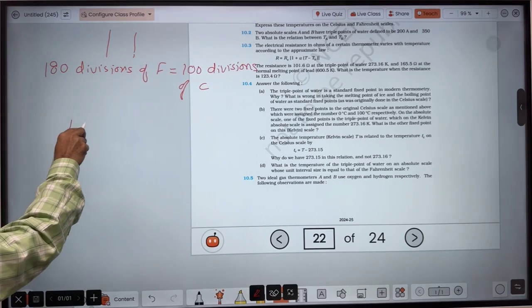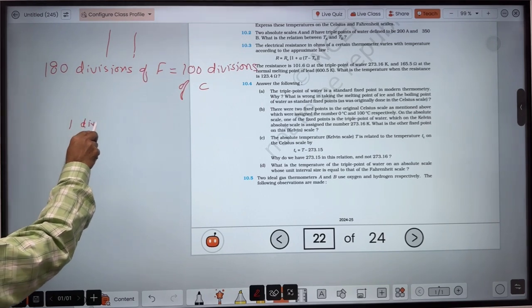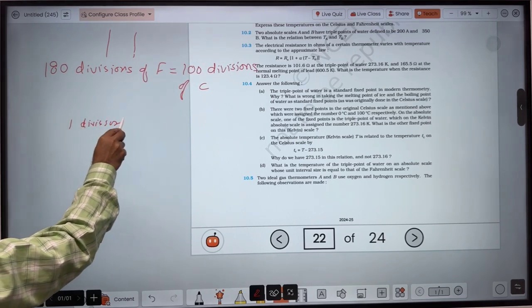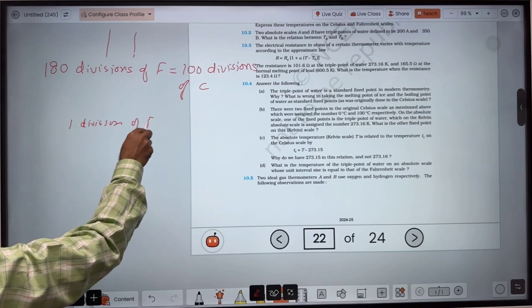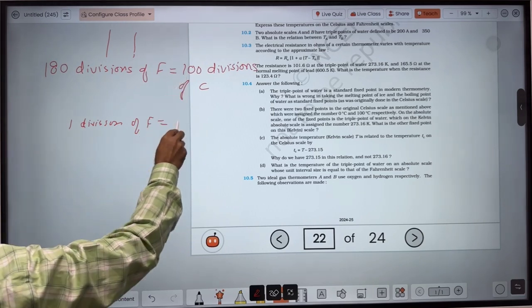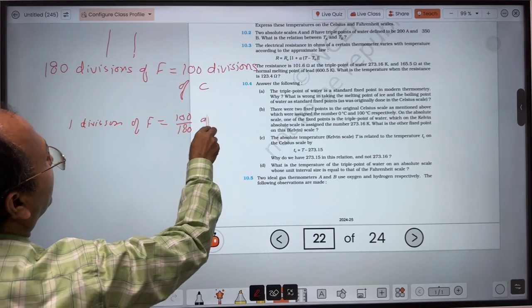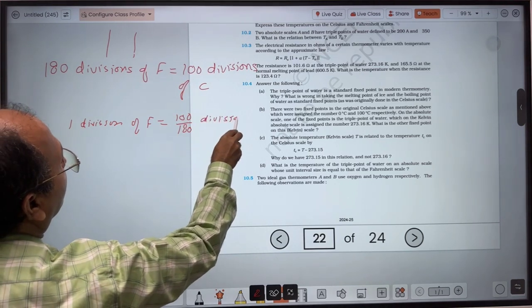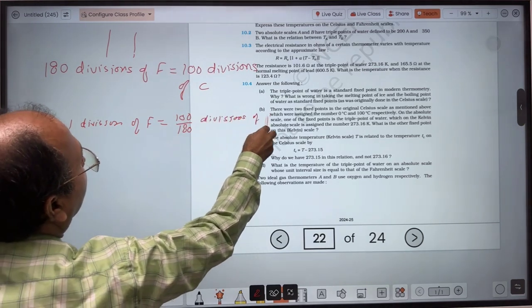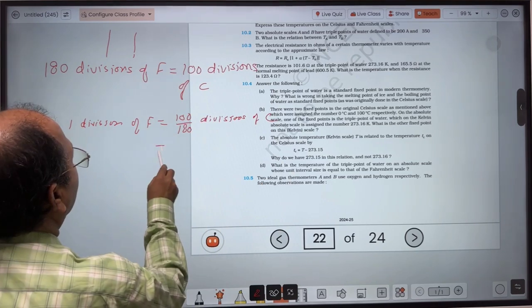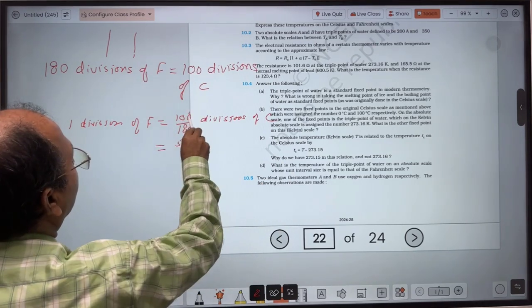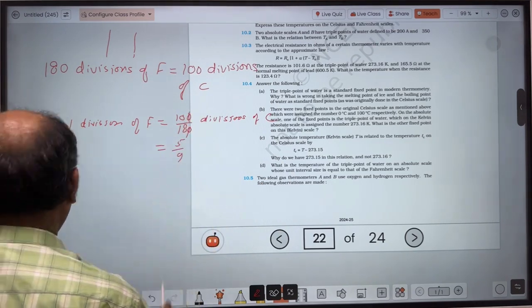So 1 division or 1 degree of F will be 100 divided by 180 divisions of C. That is 5 by 9.